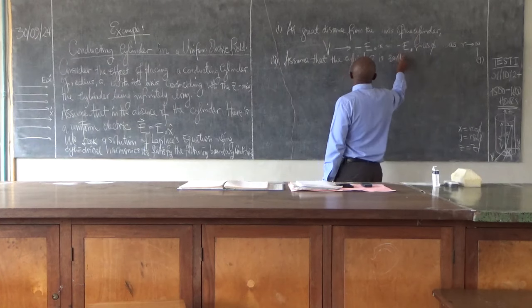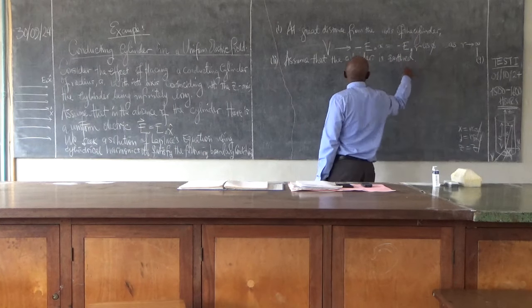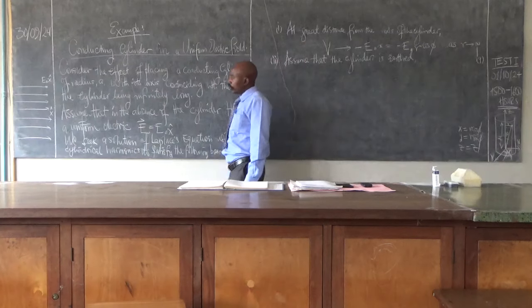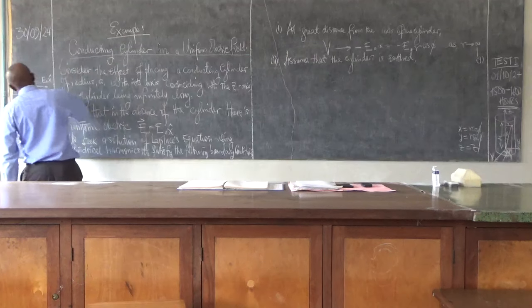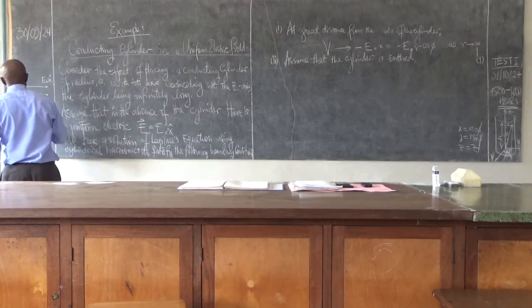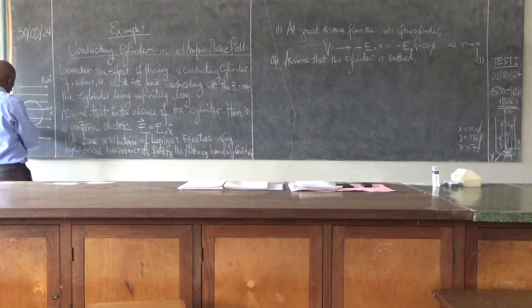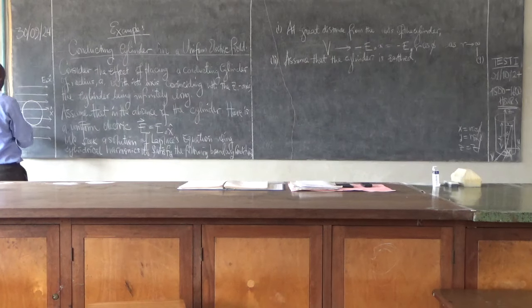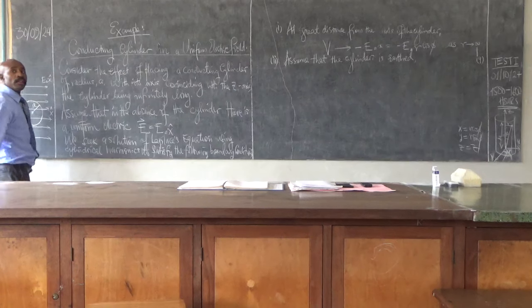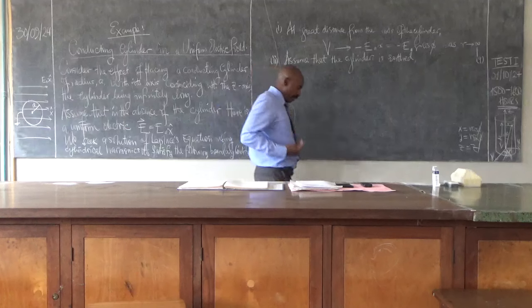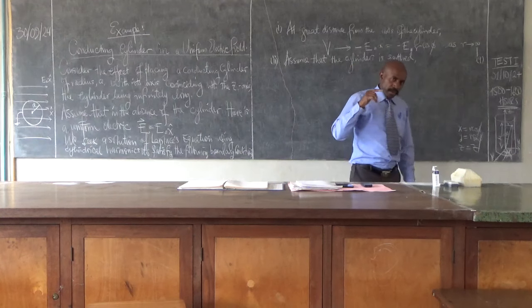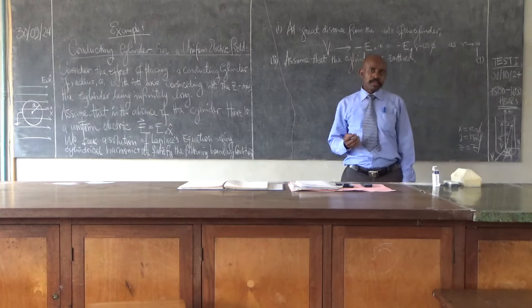So if the cylinder is of radius a, around the surface of the cylinder, if it is earthed, what will be the potential?